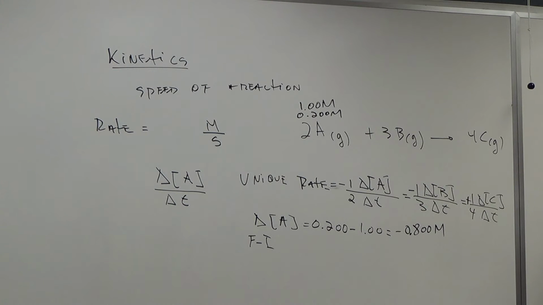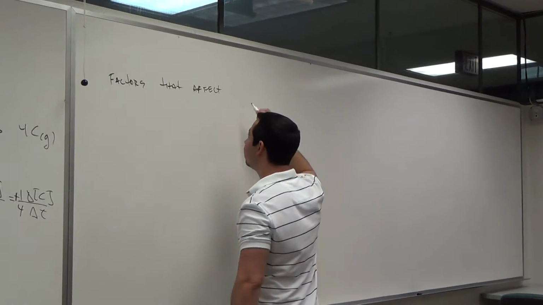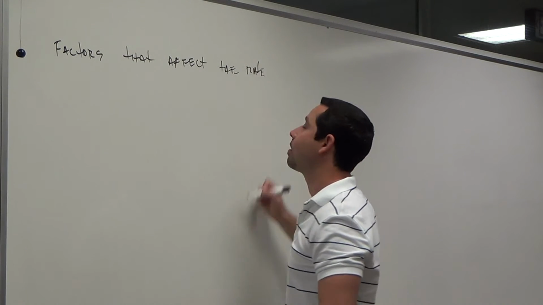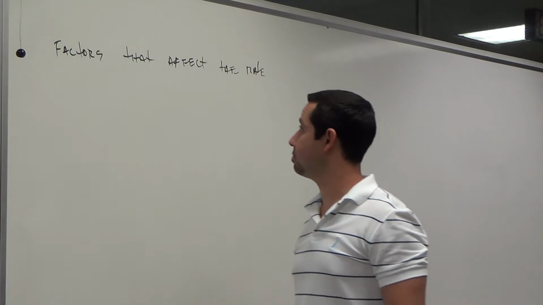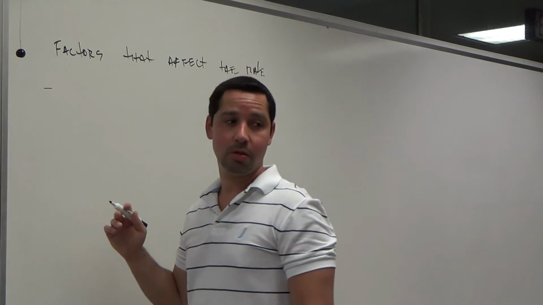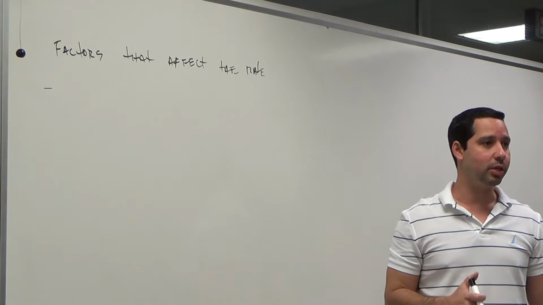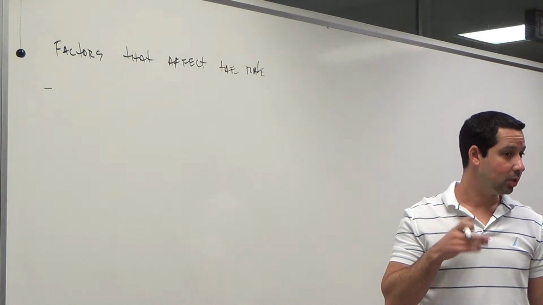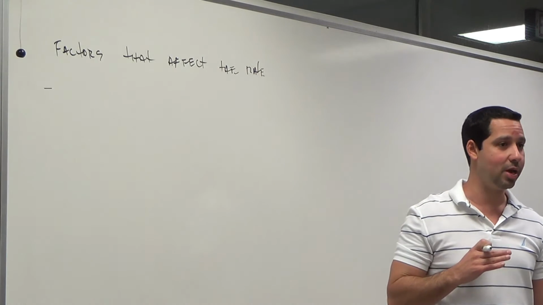Let's talk about the factors that affect the rate, all of which will be on the test. Factors that affect the rate is, well, concentration. The lower the concentration, the lower the rate. But we're not gonna talk about lower, we wanna talk about higher, which is better, yes?